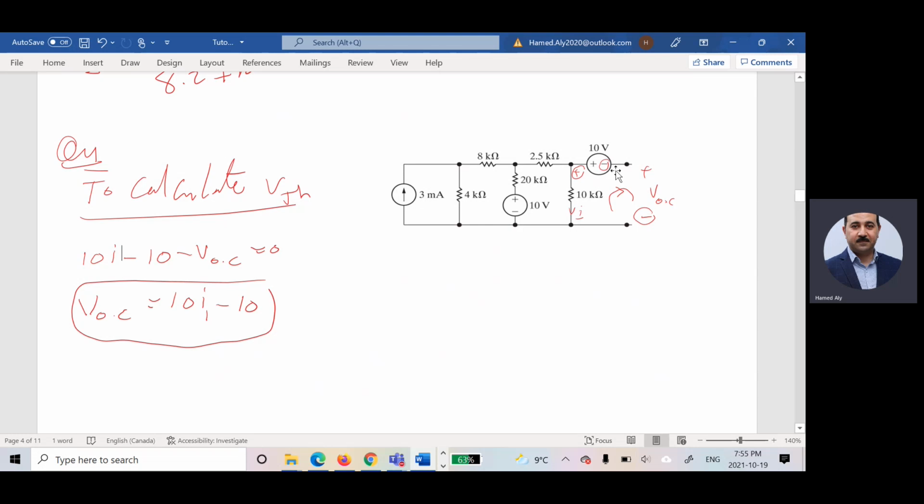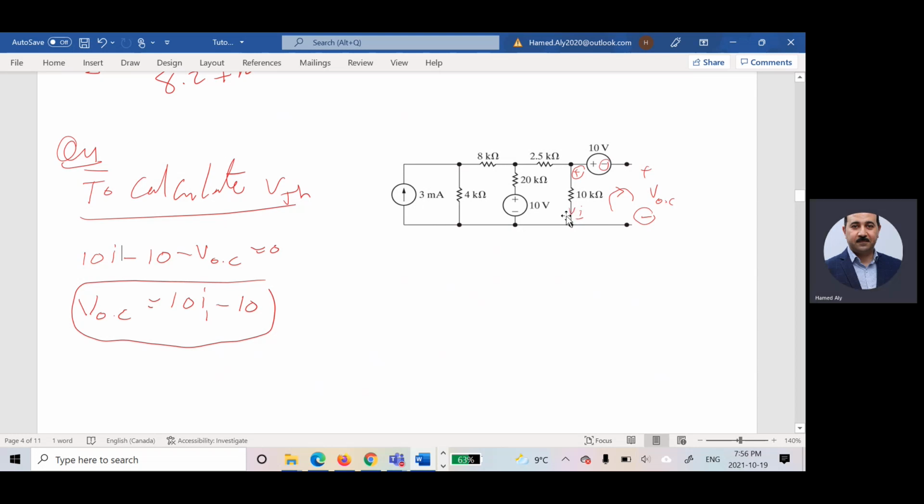So what is needed right now, I would like to calculate the current in this guy. First, how to calculate the current? There are different ways for calculating the current. I can say summation the voltage for each loop is equal to 0, right? Or I can use node voltage method. What is the easiest way to find the current in this guy? What is the easiest way?